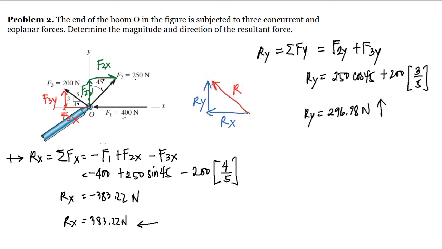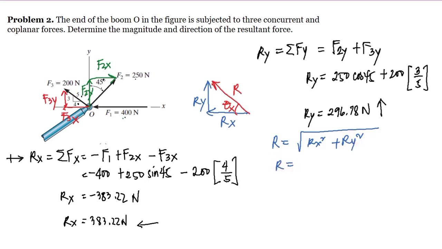Now, our resultant is directed to quadrant 2 and it is measured from the horizontal with theta x. Now, computing for the value of the resultant R, it is equal to the square root of Rx squared plus Ry squared.